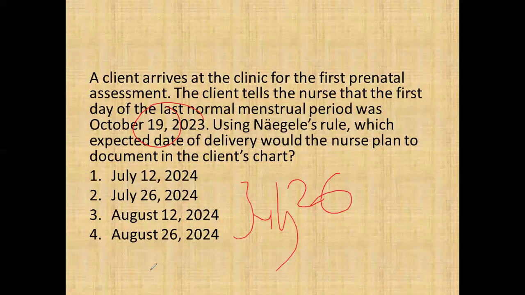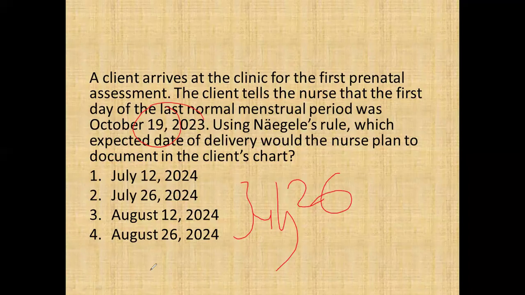Or you can just decide to count: October, September, August, then July. So July will be the result when you are subtracting 3 months from the month.